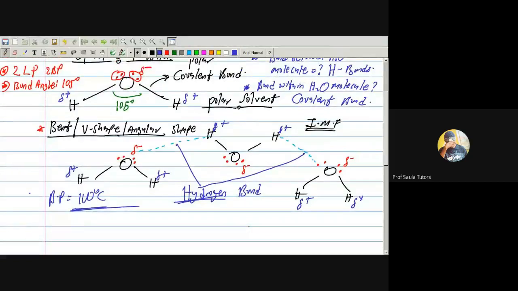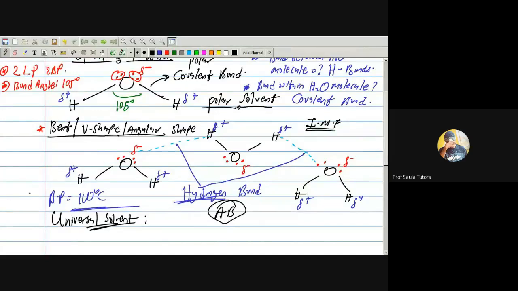Also, water is what we call the universal solvent. We call water universal solvent because, have you ever heard of a blood group called AB, universal recipient? Universal recipient means that it can receive blood from anybody. That's why they put the word universal.